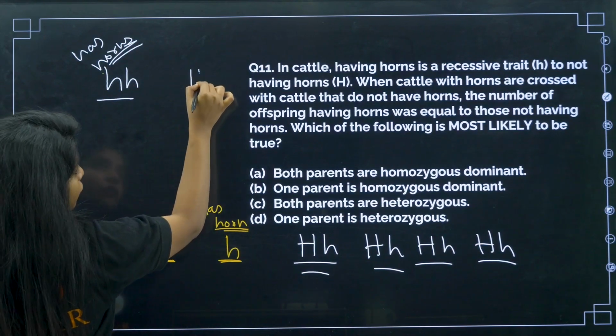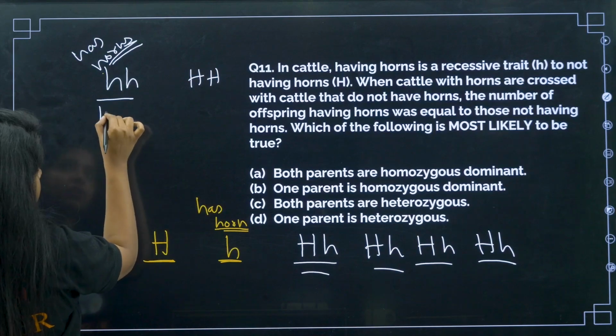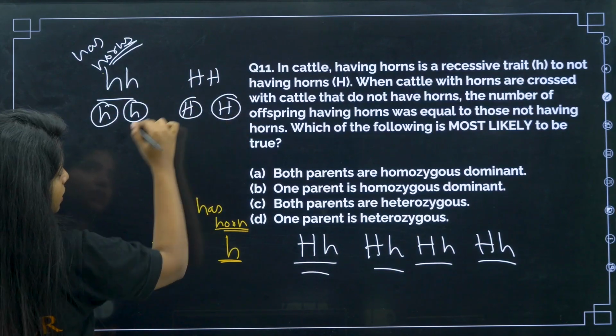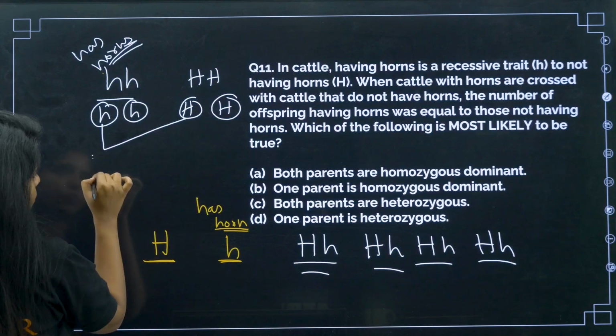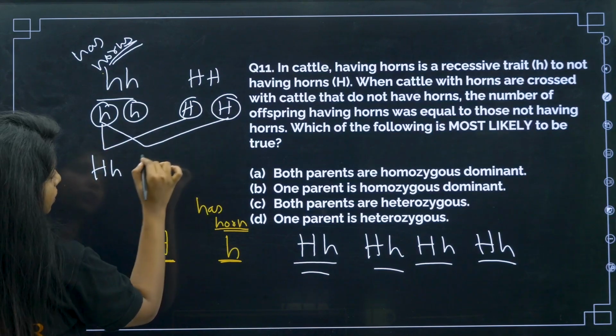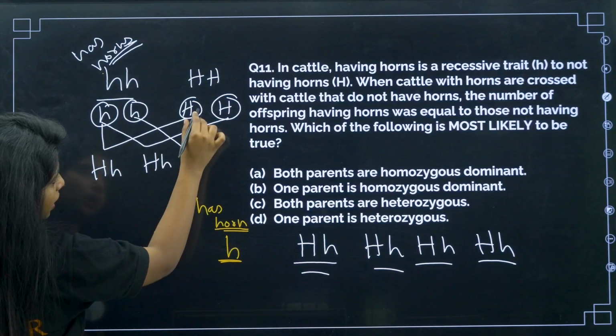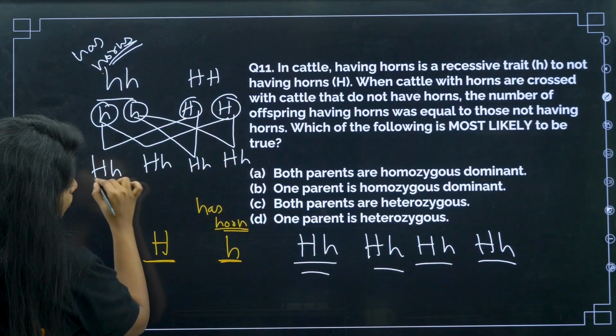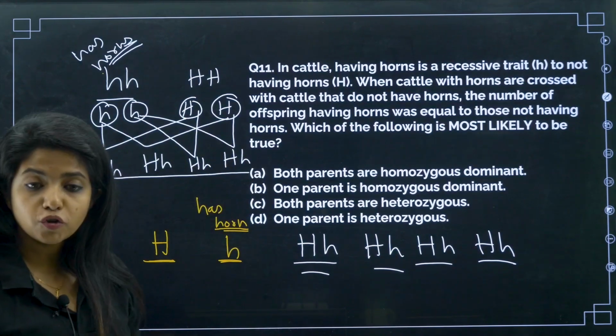The other guy, if it was like this, if you make a cross, the gametes are capital H, capital H. If you cross this with this, you get capital H, small h, again capital H, small h, again capital H, small h. All of them have capital H, small h, my dear children.